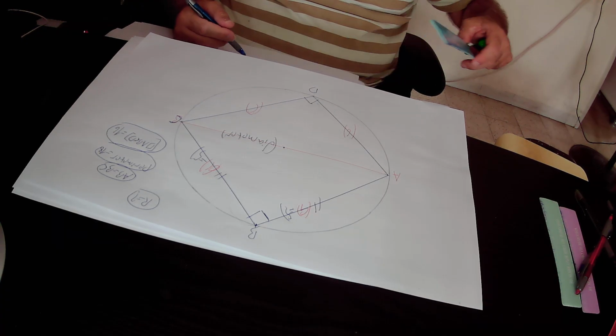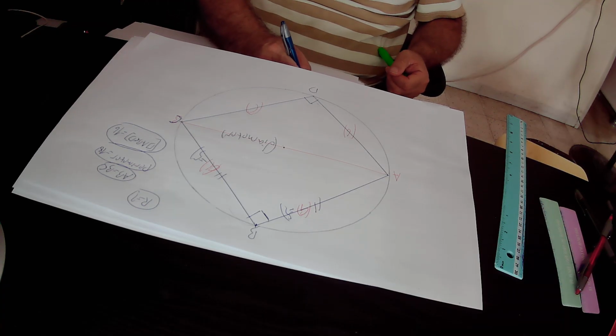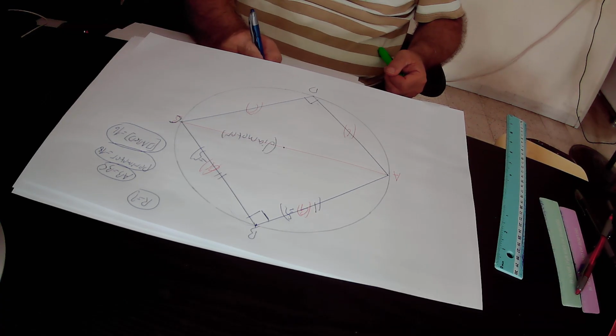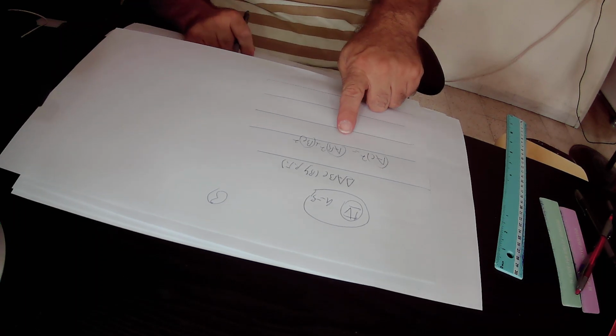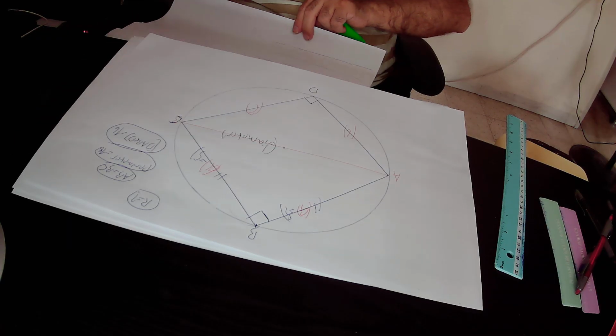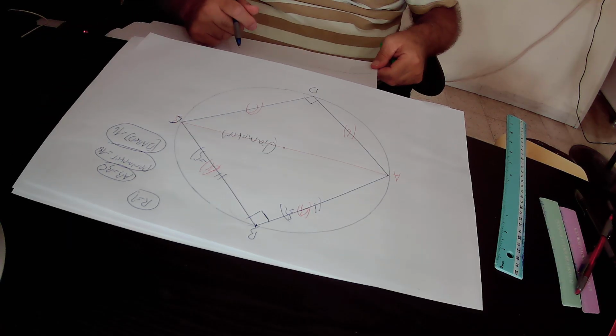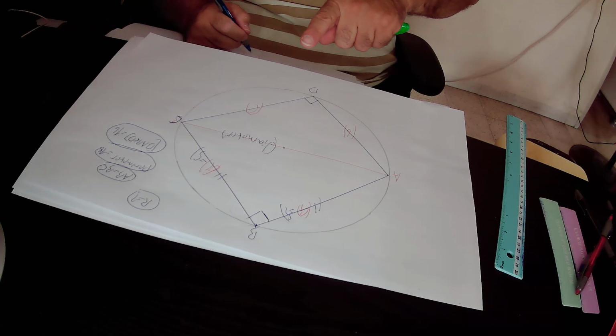According to the Pythagoras theorem, in this right triangle ABC, AC squared, that is the square of the hypotenuse, equals AB squared plus BC squared. AC is the missing side, so AC squared equals AB squared.